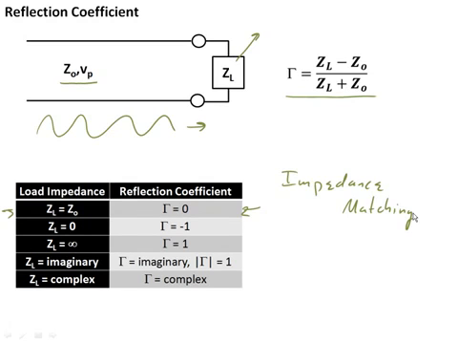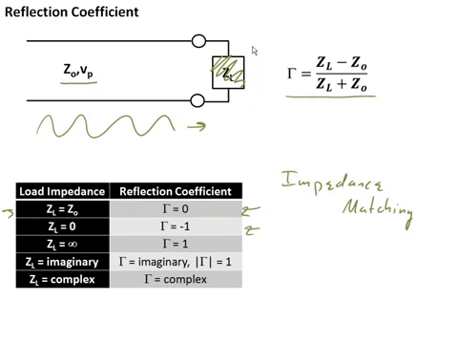If we take this load and get rid of it, let's replace it with a short circuit. In that case, the load impedance is 0, the reflection coefficient is -1, and all the wave goes back 180 degrees out of phase.